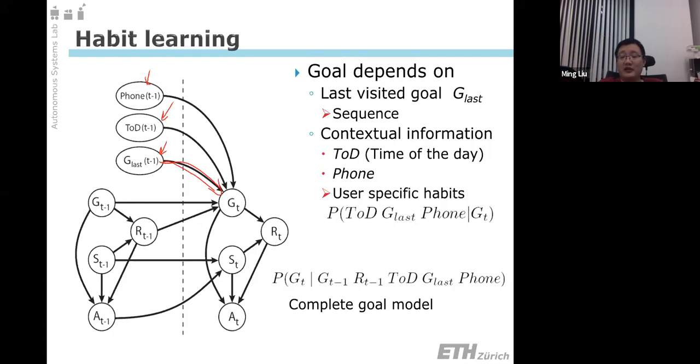Some of the events are in a consequence. All these can be taken as conditions as well, so we can add on these random variables and have a more complete goal model.